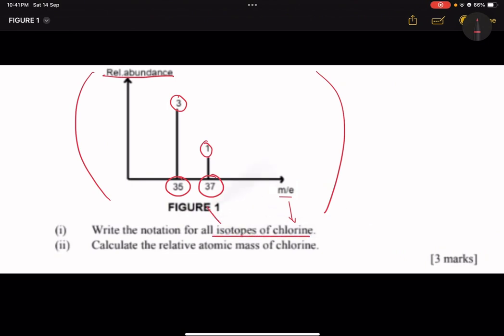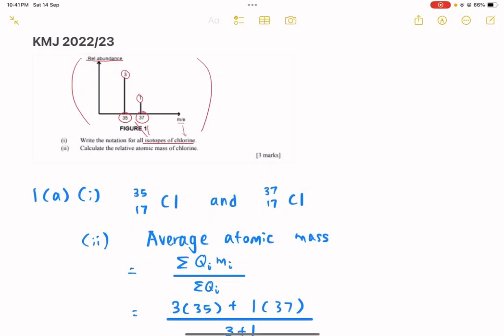It is based on these two. We have two chlorine isotopes, one is 35, one is 37, and their proton number is the same, 17. For writing the isotopic notation for chlorine or for any atom, we have to write using this.